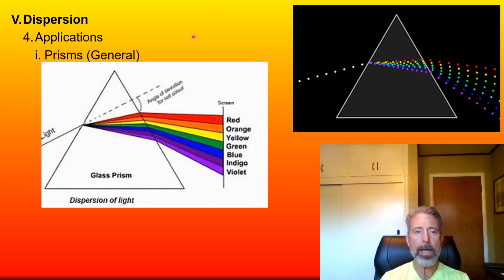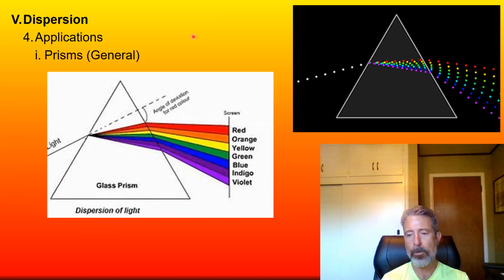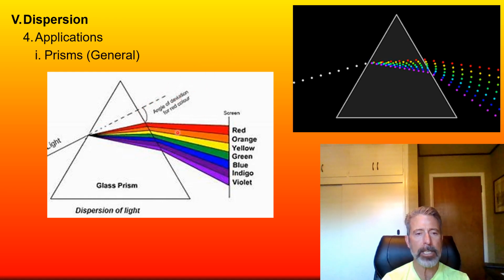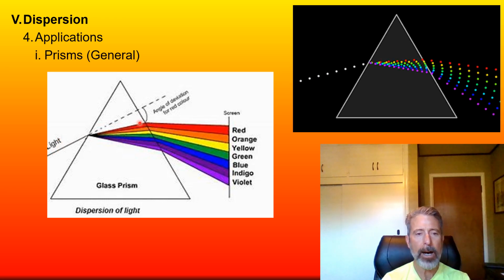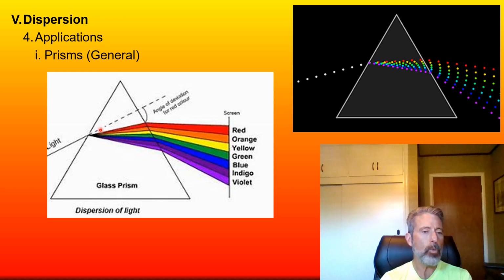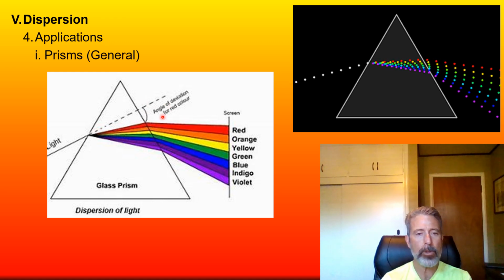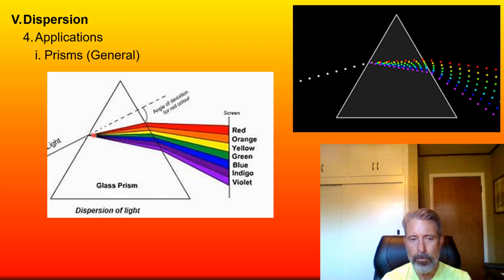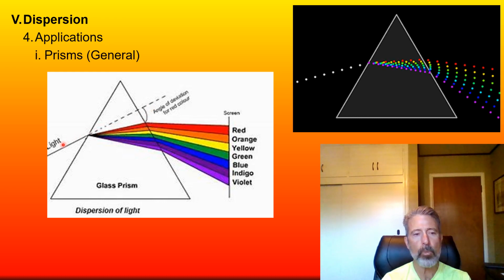Some of the problems you get dealing with prisms are really problems of geometry. We call this the angle of deviation. It is the angle, and here they're showing you the angle of deviation for the red light, that the refracted ray makes not with respect to the normal to the interface, but with respect to the incident ray.